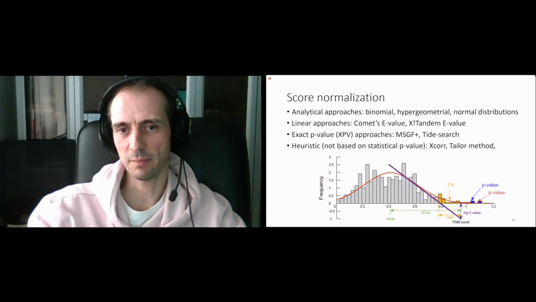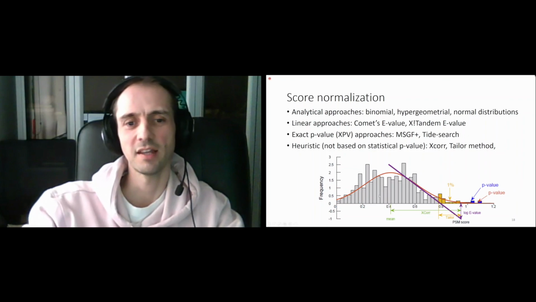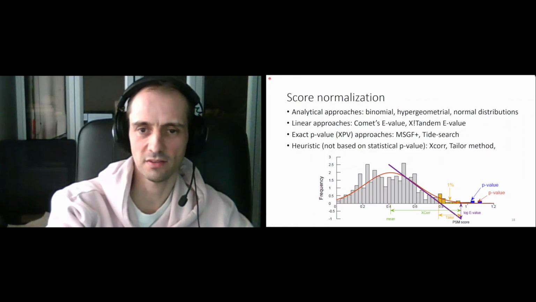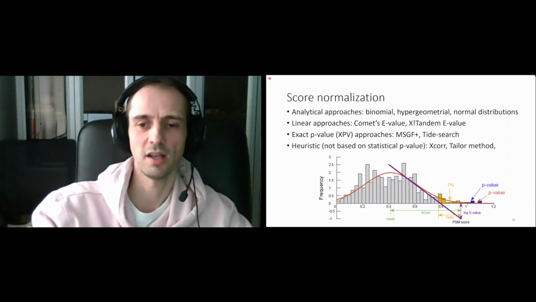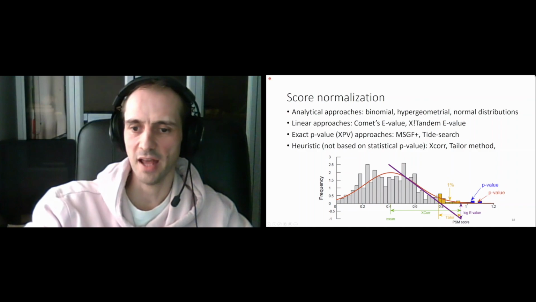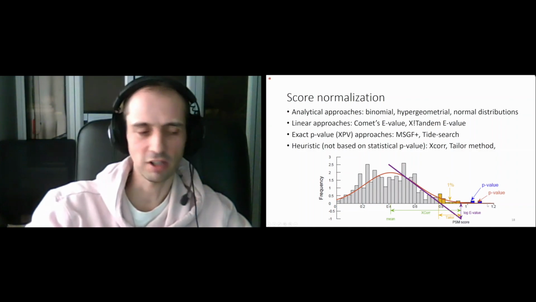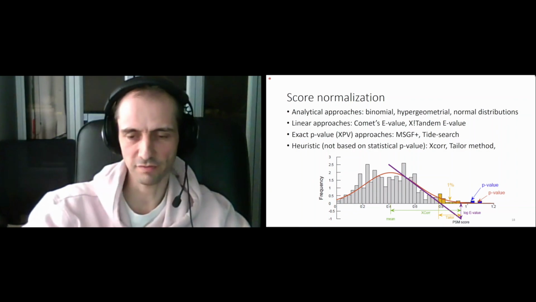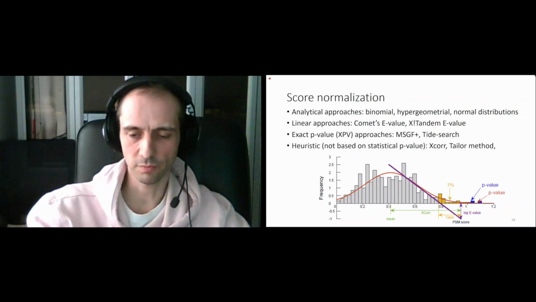Then there are the exact p-value approaches. It's used in MSGF plus or Tide search. They effectively enumerate all the possible peptide sequences. They calculate the score, and they will get a very, very fine empirical null distribution. So they are not using only just 100 or 10 or thousands of scores from the candidate peptide list.